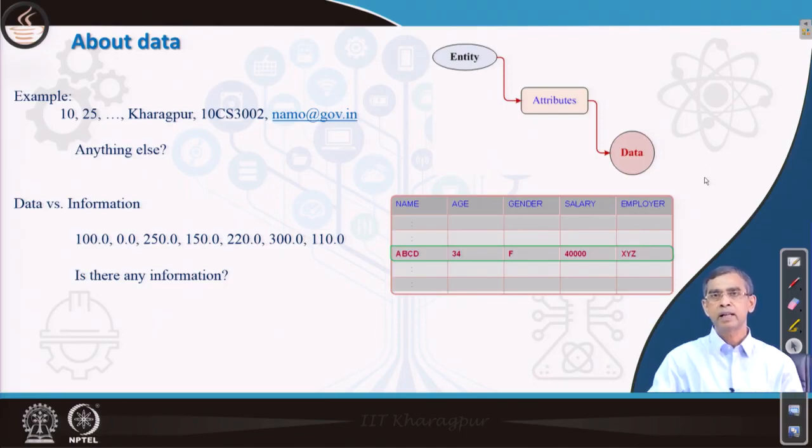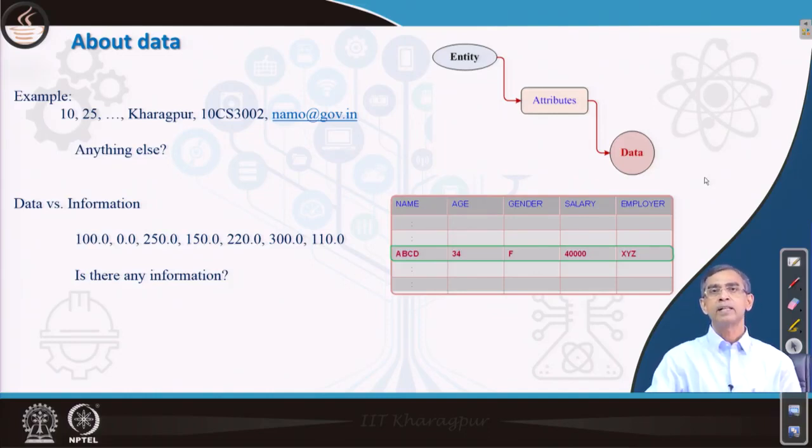If it is a Boolean variable, that means only true and false or male and female, that kind of thing, or sometimes it will be represented by a single character M or F, etc. Salary, on the other hand, is another type which basically stores floating point values, the real numbers. The employer is another example, similar to the name of an employee, it is basically a string. Now, as we see, an entity is defined with a set of attributes where each attribute is of a different type, and the attribute stores the values which we call the data.